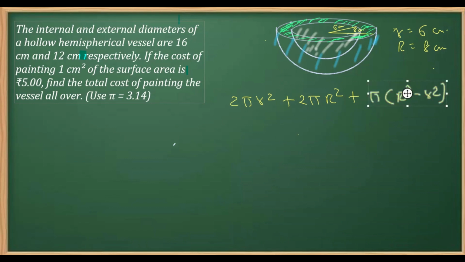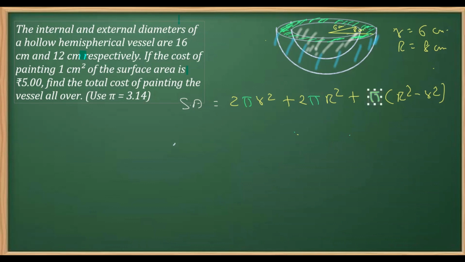Now, this is the required surface area of the toy. Before placing the values, I can see that we can reduce the working if I take pi as common. You can see that pi is coming common.